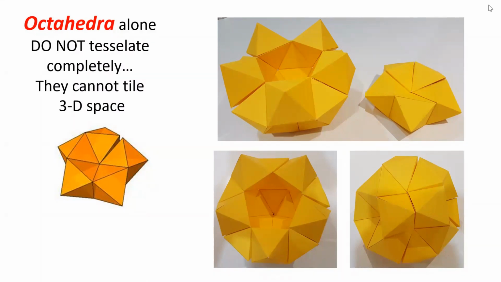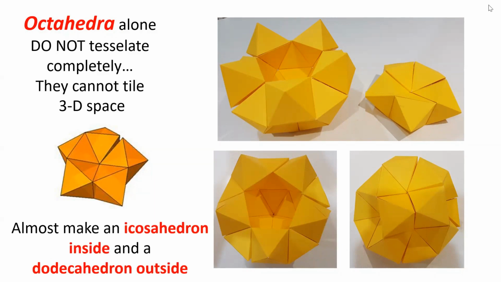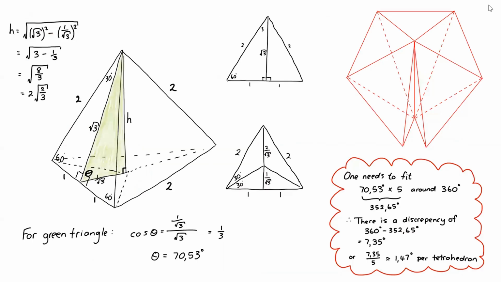So they kind of build each other, but they don't fit together perfectly, which we can also analyze with some pretty easy 3-dimensional trigonometry and perhaps also with vector algebra. And we see that there's actually a 1.47 degree discrepancy per tetrahedron, and that's why they don't really fit together.